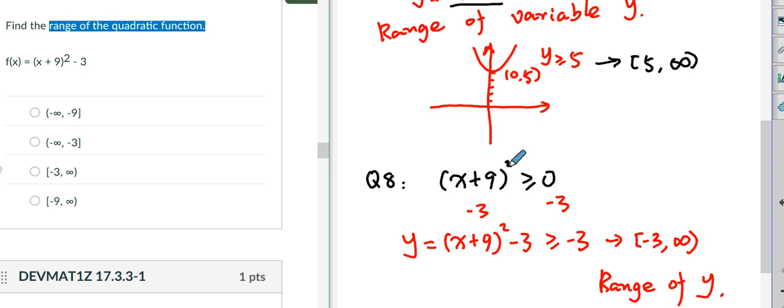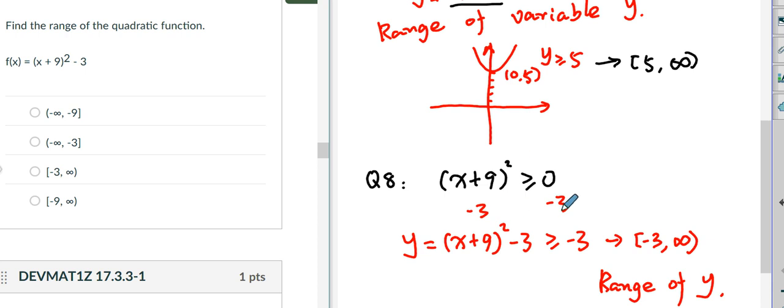You can locate where the vertex is. That's the lowest point. And then both sides -3. You see here there is a -3 here. Okay, -3 here.